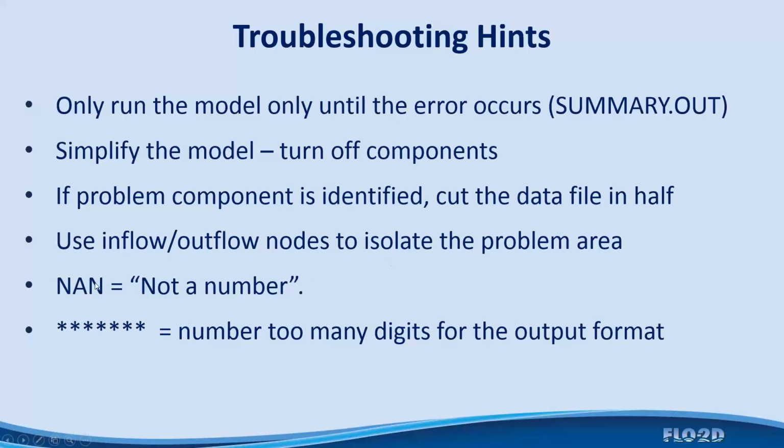If you get a Fortran error message that says NaN, not a number, you could be exceeding something or dividing by 0 or whatever. If you see stars in your output, either in the output of Mapper or Maxplot, or in the SUMMARY.OUT file, maybe for volume conservation, this means that there are not enough digits being identified for the output.